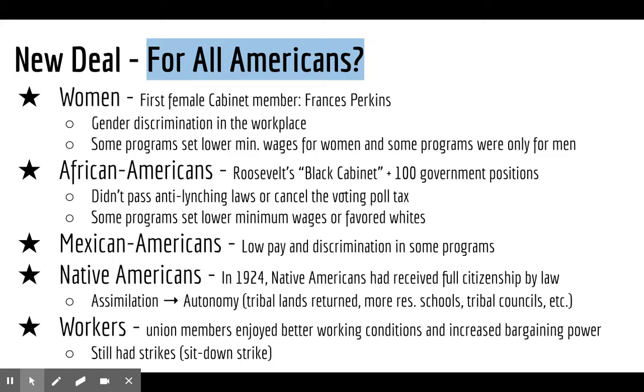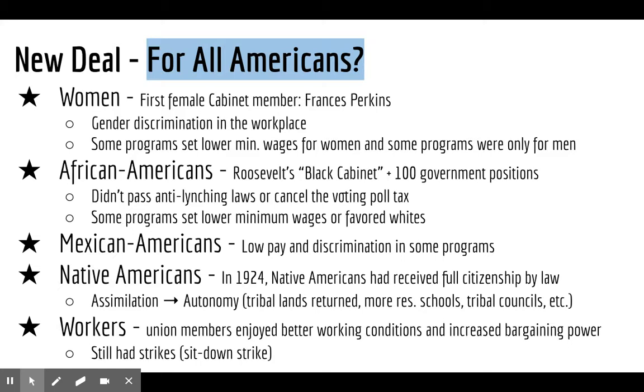Mexican Americans are definitely struggling during the Great Depression. They're experiencing massive low pay and discrimination in some programs. In fact, the most blatant discrimination targeted at Mexican Americans is that some of these programs required that you have a permanent residential address.